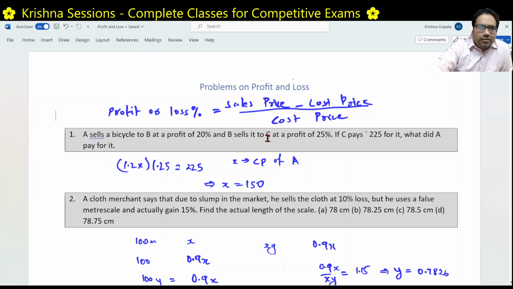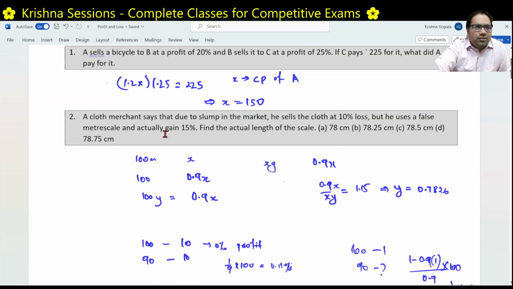It is like this. So you have to assume the cost price of A, and then 20% profit means 1.2 into X. That is A's selling price. Now A's selling price will become B's cost price. That into 1.25 will become C's cost price, that is B's selling price. Right. That's how we are doing here.